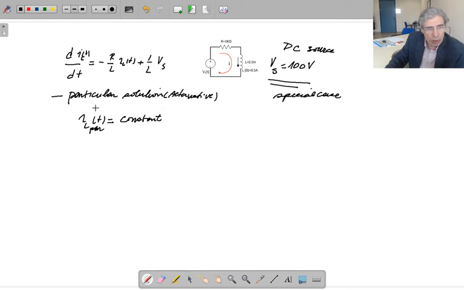This information helps us make some changes to the circuit. If you remember, the definition relation of an inductor is v equals L dIL/dt. If IL is constant, its derivative is 0, and multiplied by L it gives 0. So the voltage becomes 0, and voltage 0 means short circuit.